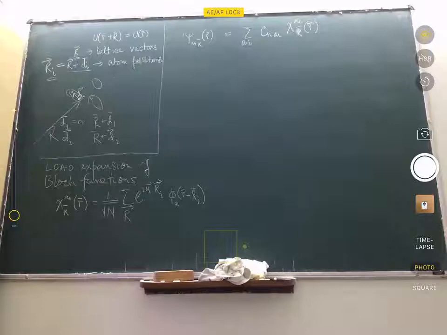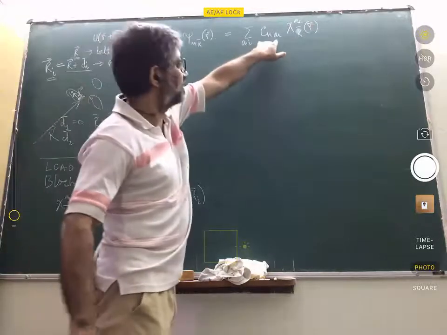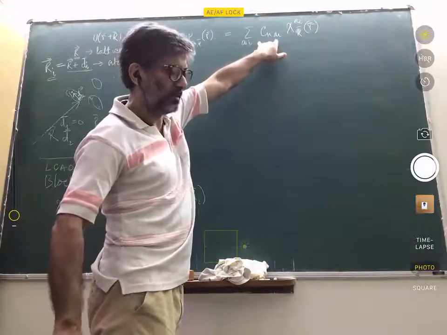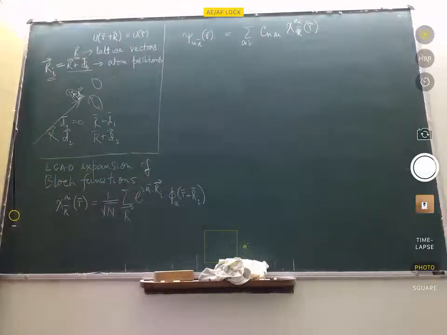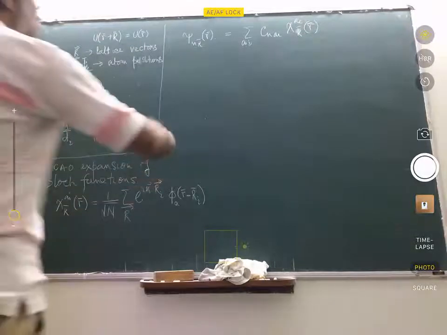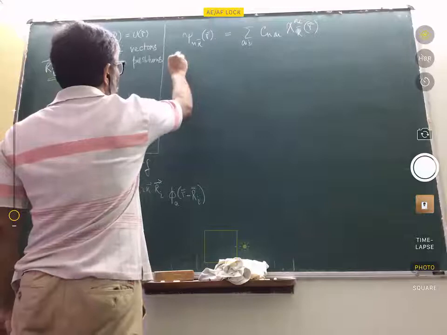Okay, so now this becomes a variational problem in the sense that I have to now find these coefficients, these coefficients C's, to get the energy of the system or the wave function of the system. And what is the Hamiltonian with respect to which this has to be done?